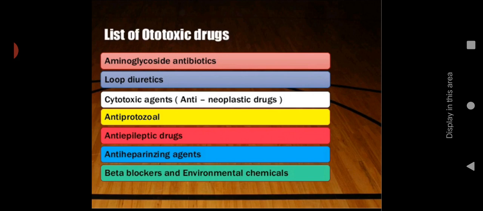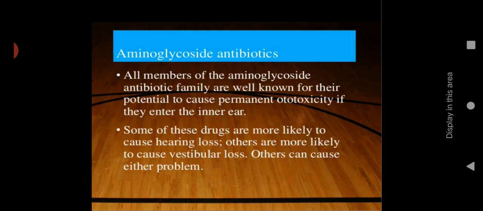These are the drugs which can lead to ototoxicity. You just go through the drug book. I think you have studied these drugs in pharmacology. Go into detail. We will discuss them one by one.